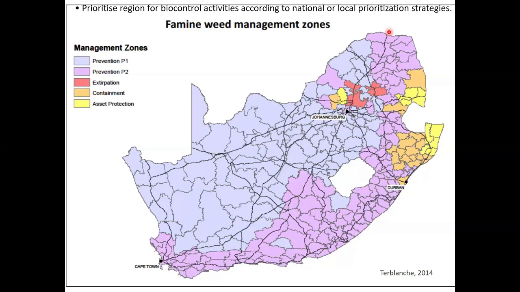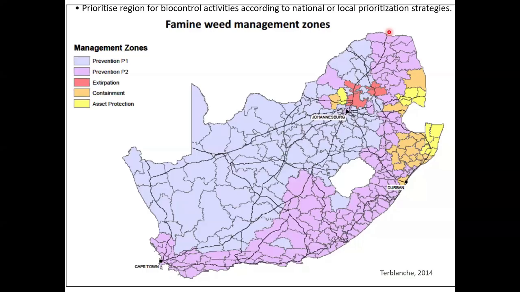This is where biological control really comes into its own, where there are areas that it's not suitable to be using chemical control. Chemical control could be used along roadsides, clinics, schools, key asset areas.